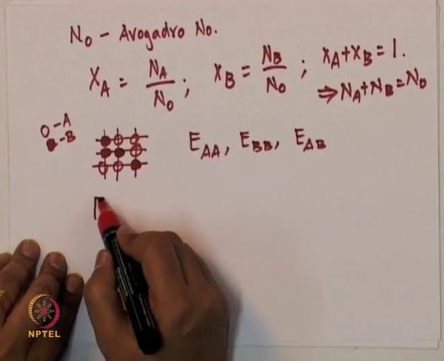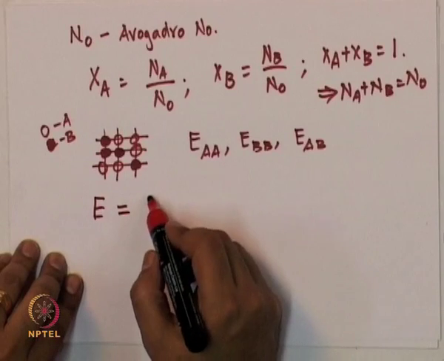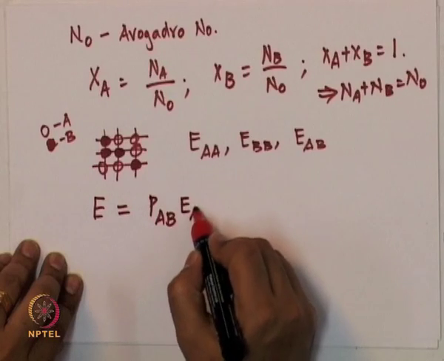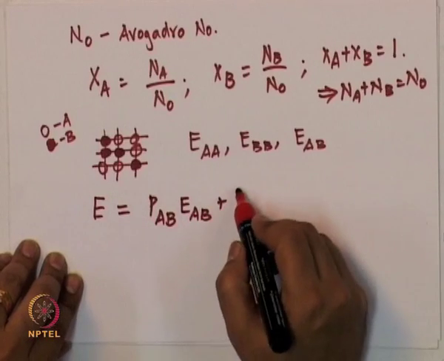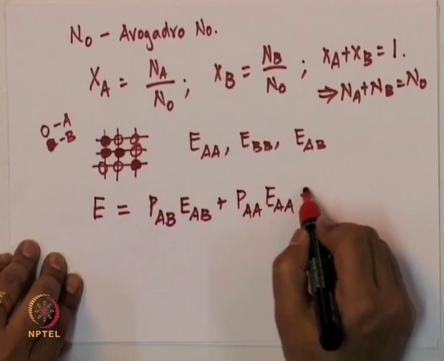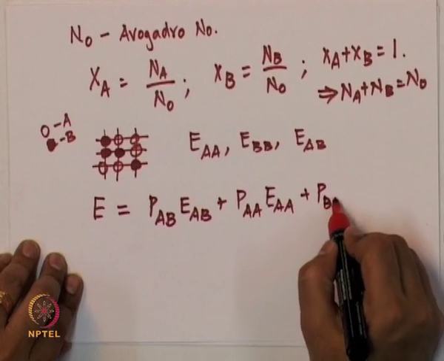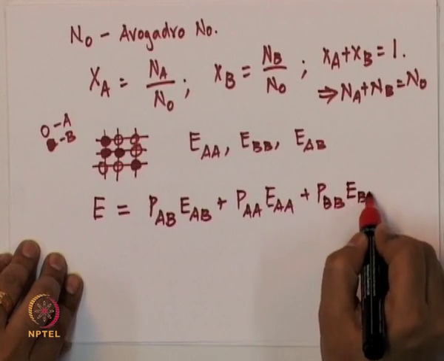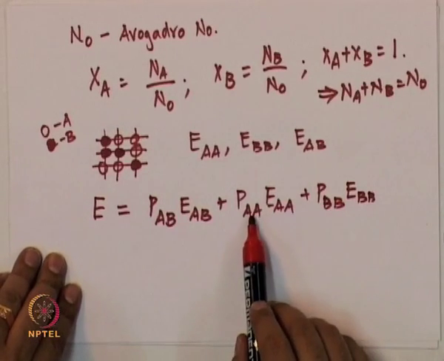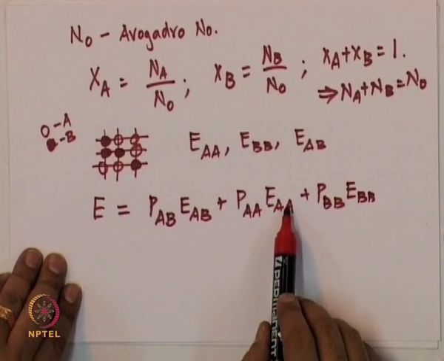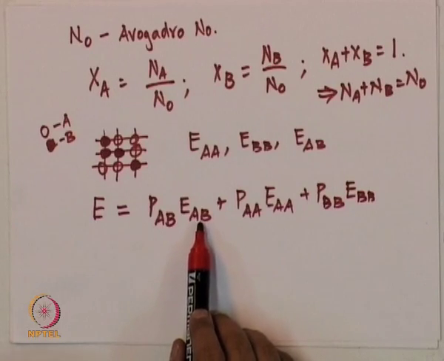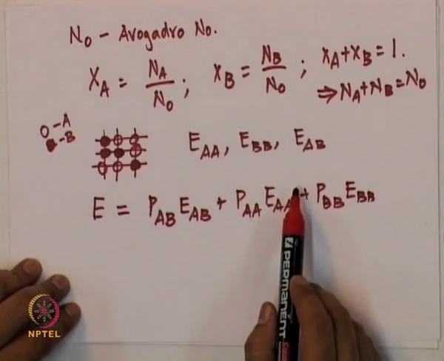Then that energy E is nothing but the number of AB bonds times EAB plus the number of AA bonds times EAA plus the number of BB bonds times EBB. So, if I take the total number of BB bonds and multiply by the BB bond energy, the total number of AA bonds and multiply by the AA bond energy, the total number of AB bonds and multiply by the AB bond energy, of course, I will get the total energy.